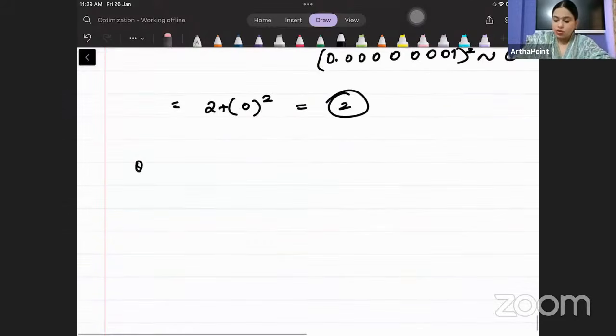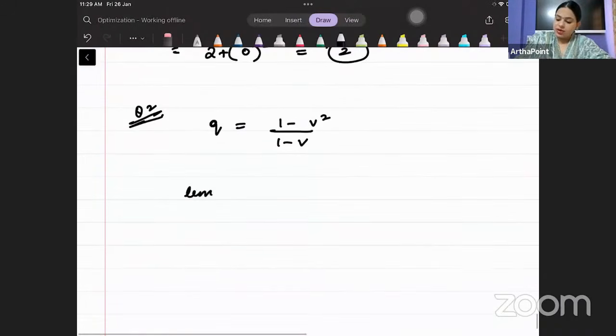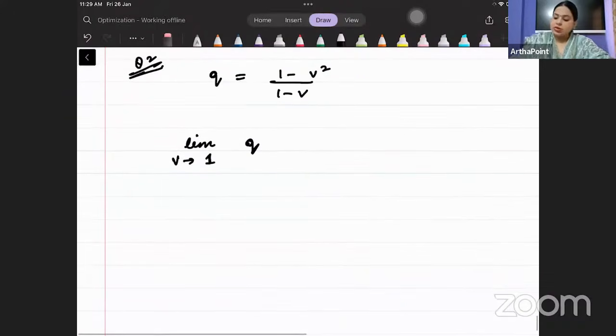अच्छा, take another question. हाँ बेटा. Question number 2. So you are given Q is equal to 1 minus V square upon 1 minus V, limit V tends to 1 to be evaluated. ठीक है बेटा? तो अब if I directly put 1 in this, अगर मैं इसमें 1 डाल दूं तो क्या होगा? Let's try that out.